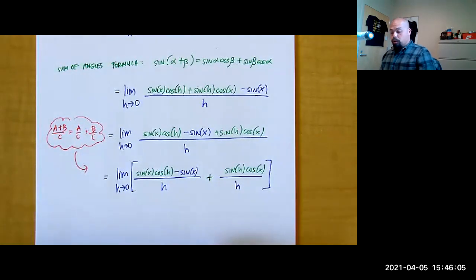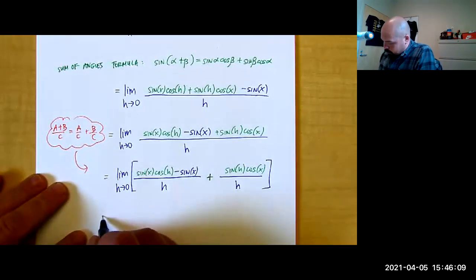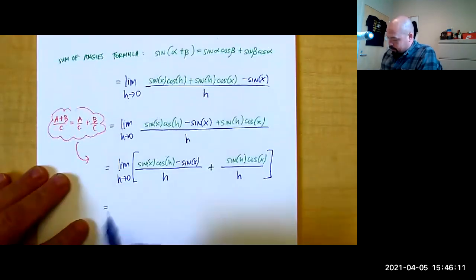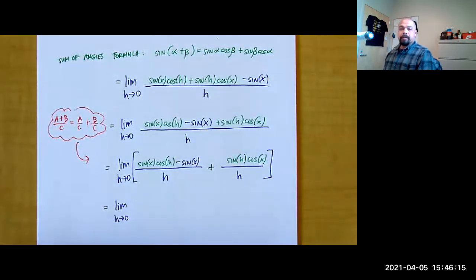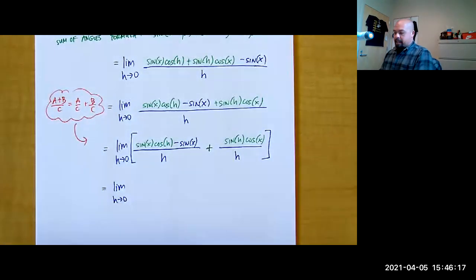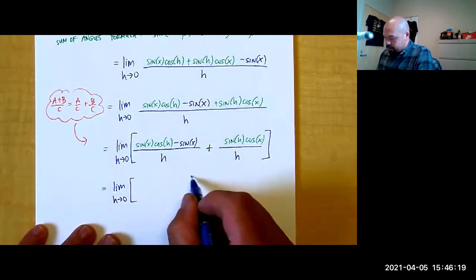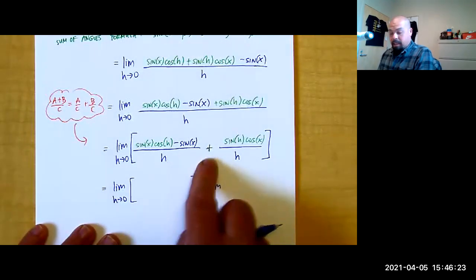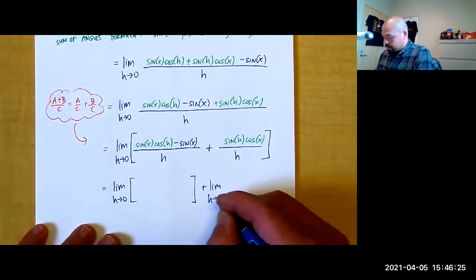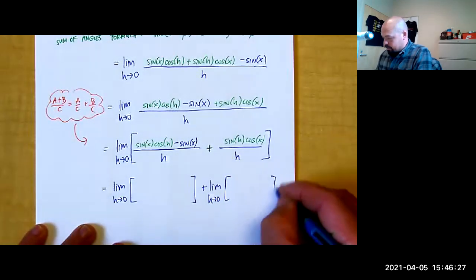This is when those two special limits are going to become relevant for us. So taking this limit as h goes to 0, and in this case, I'll be a little bit tedious and do this extra step here. The limit of a sum is the sum of my individual limits.